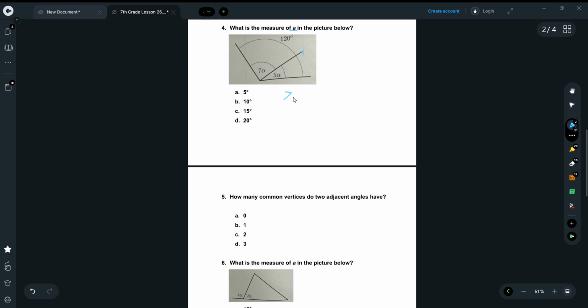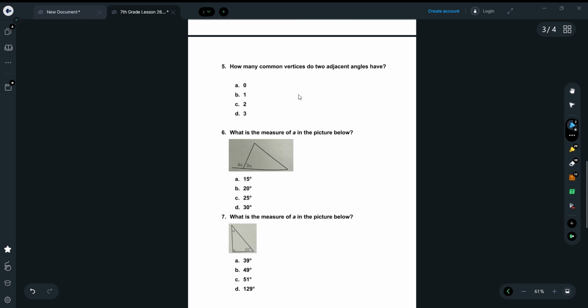You get 7A plus 5A equals 120. So you got 12A equals 120, A equals 10. So your answer would be B, 10 degrees.